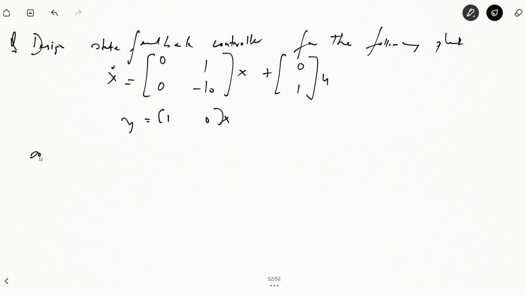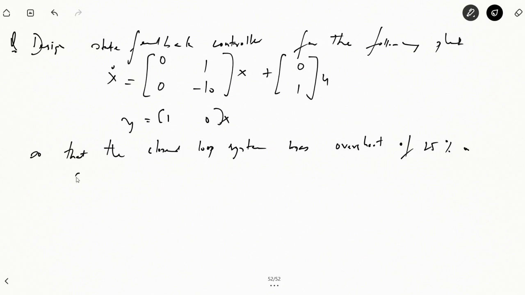So that the closed loop system that we'll be obtaining after designing the state feedback has overshoot of 25% and a settling time of 0.115 seconds.